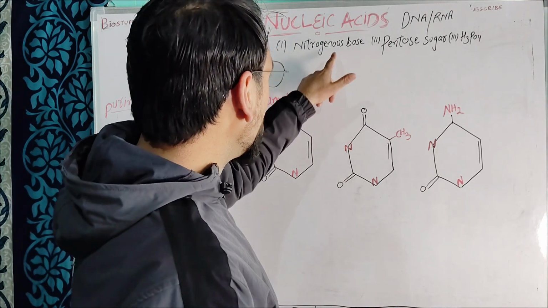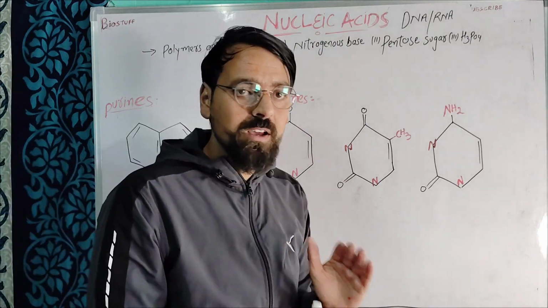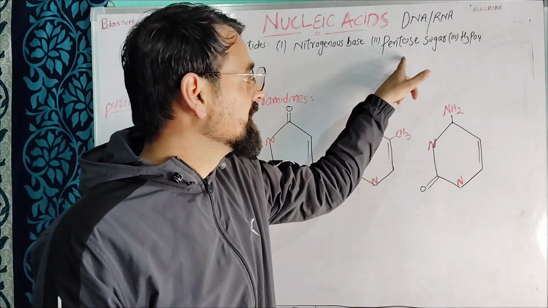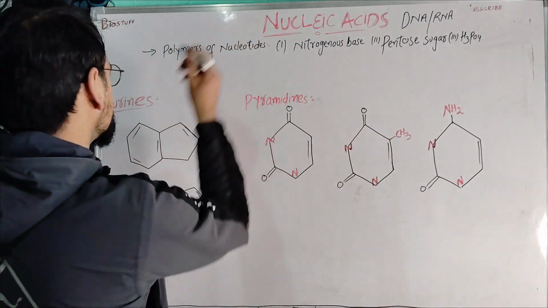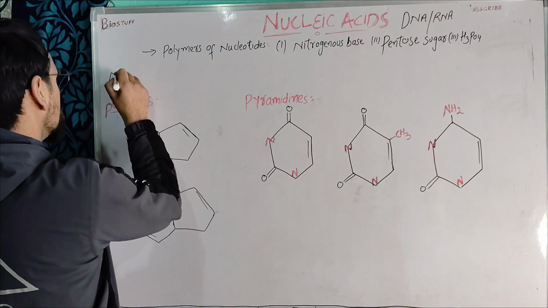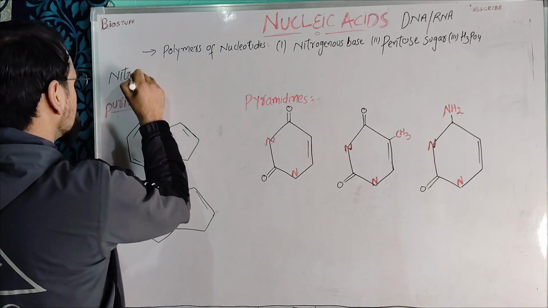Now, what are nitrogenous bases? So first of all, we'll try to know nitrogenous bases. Then we will dig in the pentose sugar and the phosphoric acid. So nitrogenous bases.